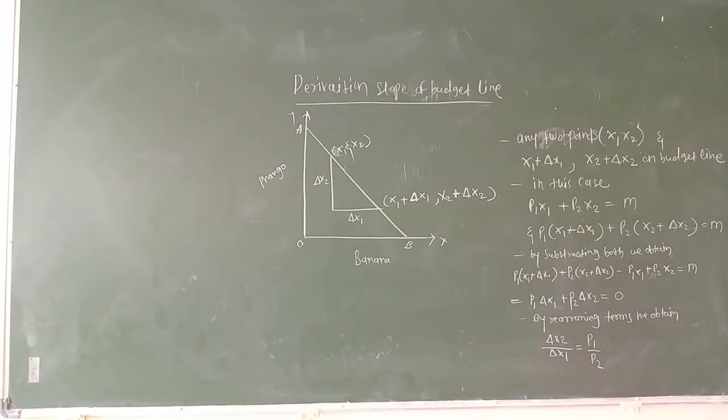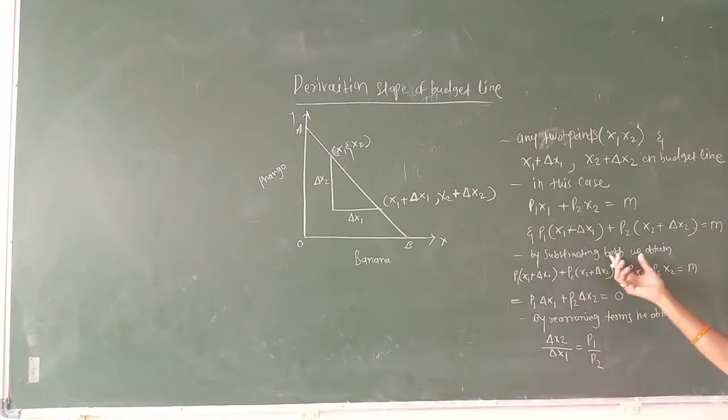Here delta x1 stands for the change in the x1 commodity, and delta x2 stands for the change in the x2 commodity.